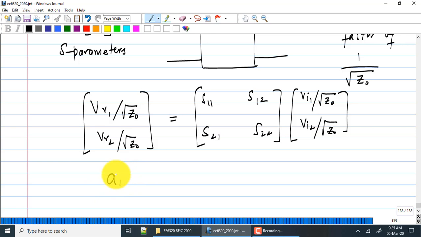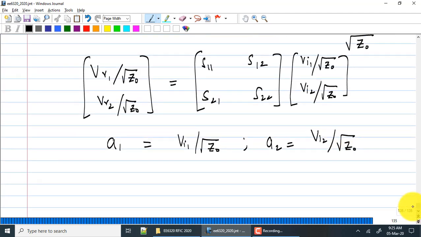A1 is Vi1 by root Z0. A2 is Vi2 by root Z0. And the reflected parameters are B1 and B2.